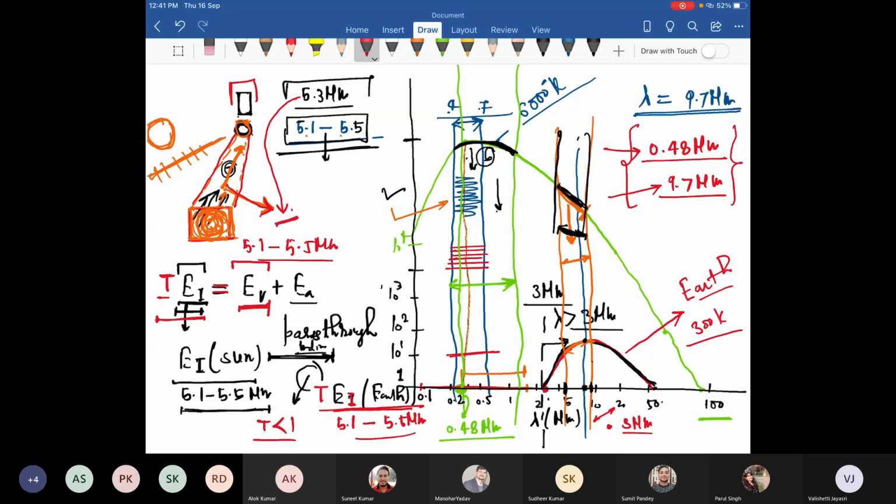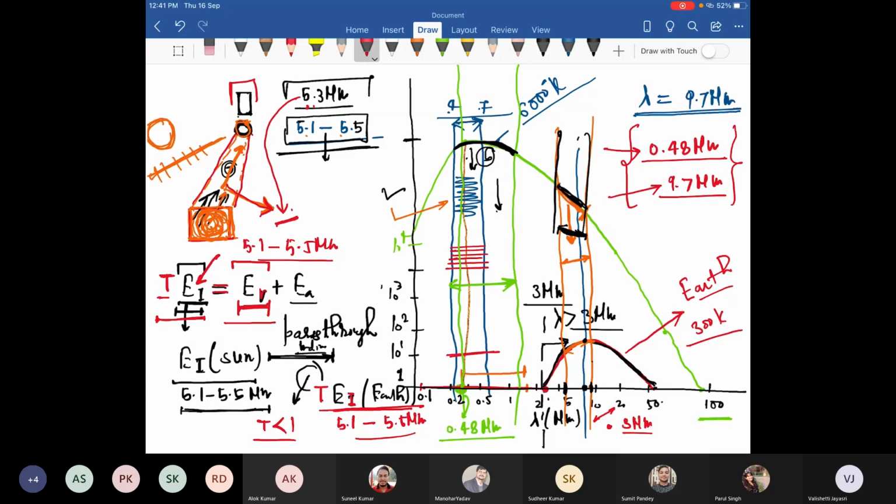In the radiated component, energy is absorbed at a shorter wavelength but radiated at a longer wavelength. That is not true for the reflected component. You measure the incident EI at 5.3 and you also measure the reflected component at 5.3.